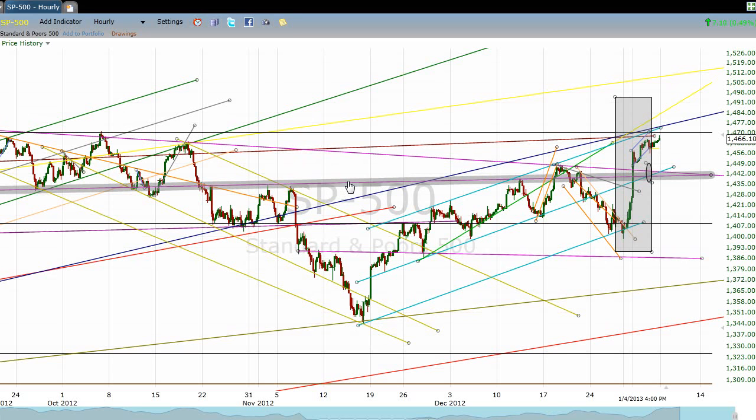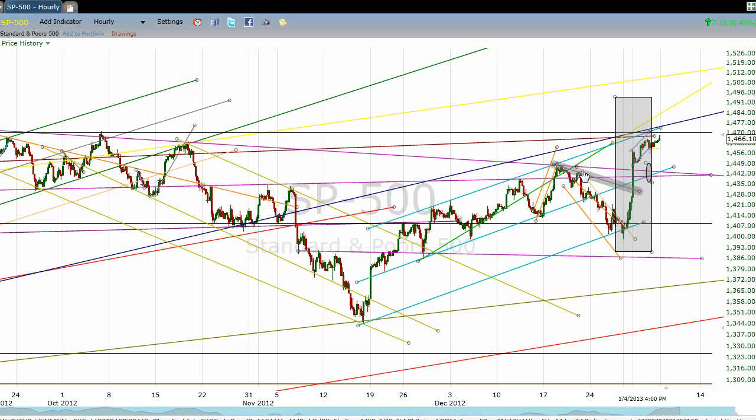Okay, and I guess as I look at this now, at least as it relates to this smaller pattern here, forget the big one for a second. As it relates to this smaller one, this leg down now makes perfect sense.